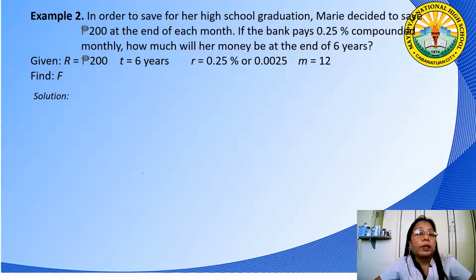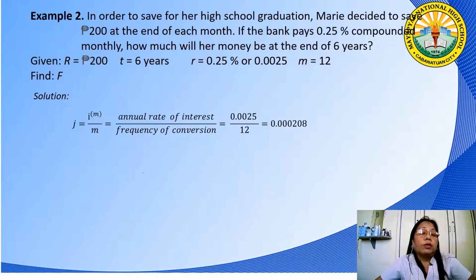First, solve for the value of j using the formula. So our j is 0.000208. Then solve for n, where n is equal to the product of m and t. m is 12, the term is 6 years, so n is equal to 72 periods.